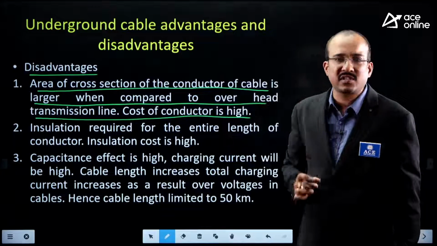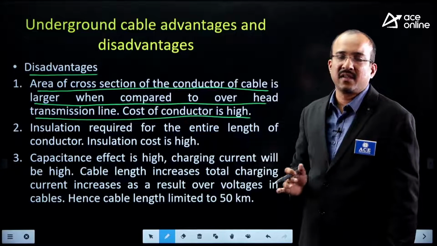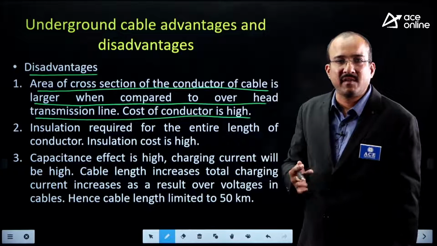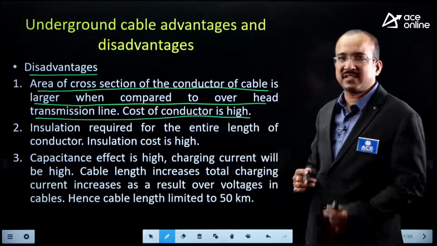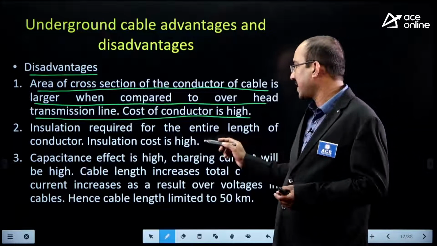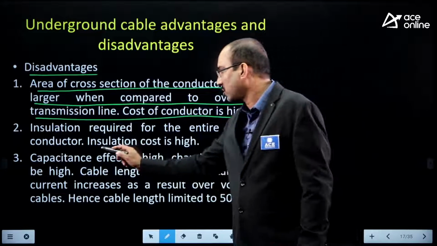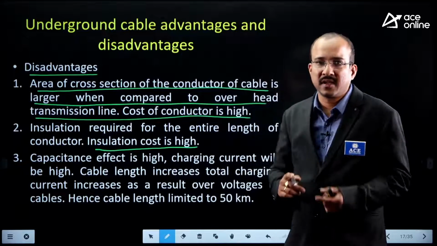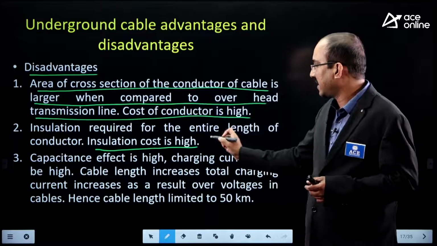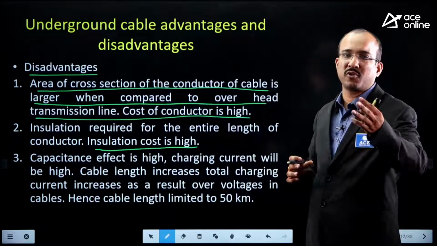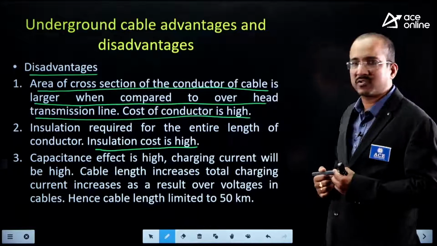Once the area of cross section of the conductor is large, then automatically the cost of conductor will be more. So conductor cost is high. And the second one is, here the insulation is required for entire length, so which also increases the insulation cost.